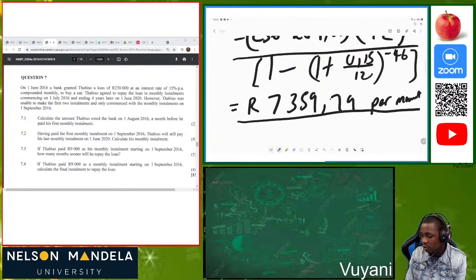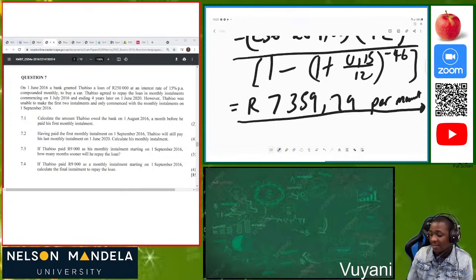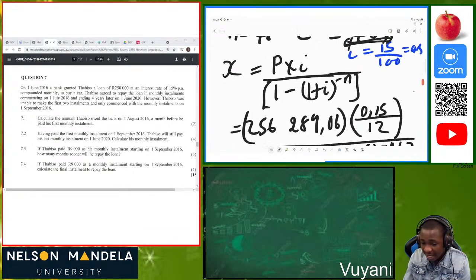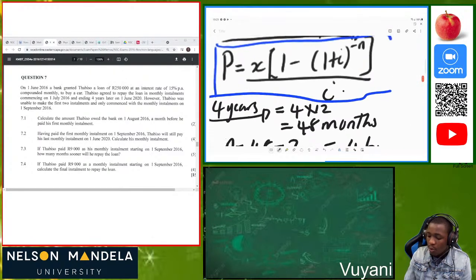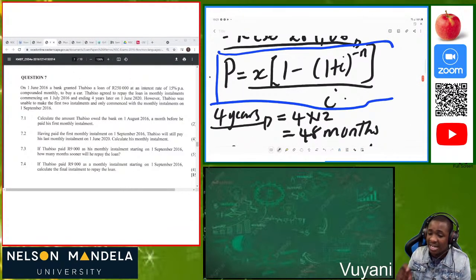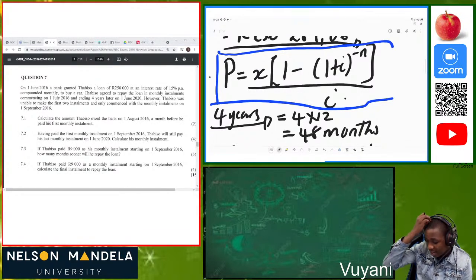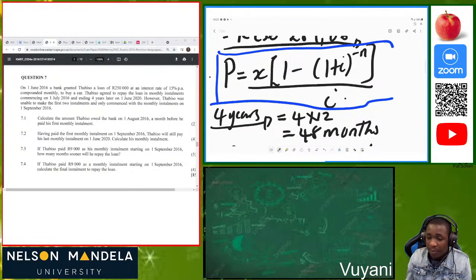So Tabiso is going to pay 7,359 rands 79 cents per month. Just to recap: the moment he was granted a loan, we are supposed to use the present value formula, which says that P is equal to X, open the square bracket, 1 minus (1 plus I) all to the power negative N, divided by I. We also highlighted that this formula is given to you on the formula sheet in your final exams.